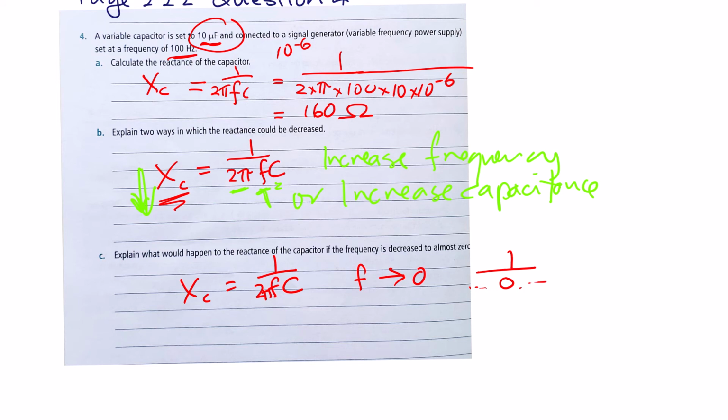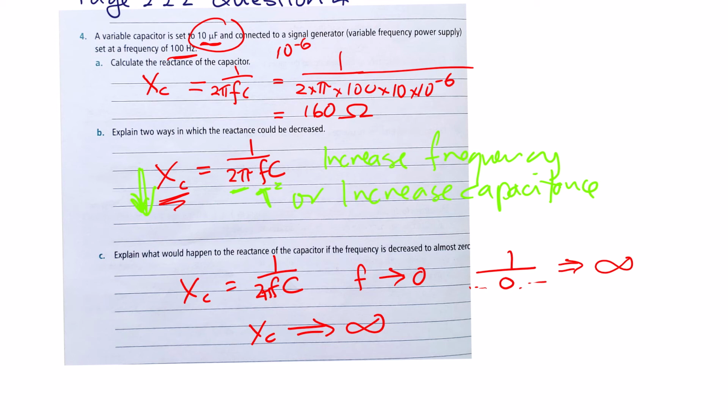Any number divided by 0 tends towards infinity. So we would say that as the frequency decreases to 0, the reactance will tend towards infinity. That's the answer to that.